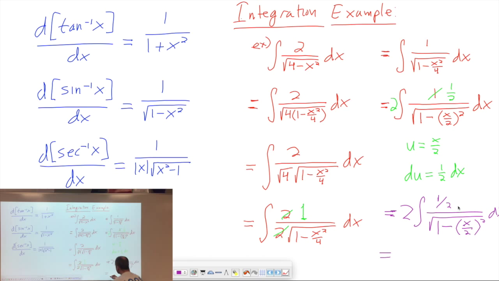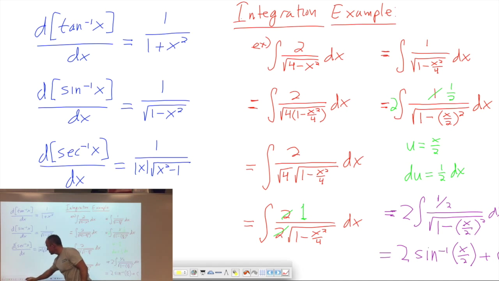So this in here, the part in the integral, this is the derivative of inverse sine of x over 2. Because this was an indefinite integral, we put a plus c at the end, and this is our answer.